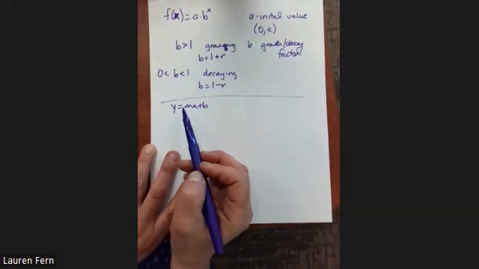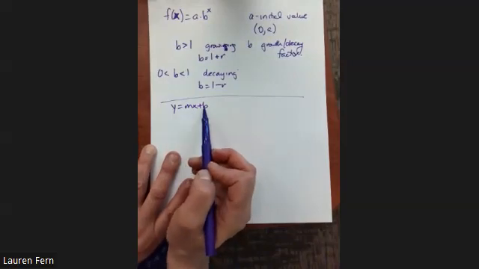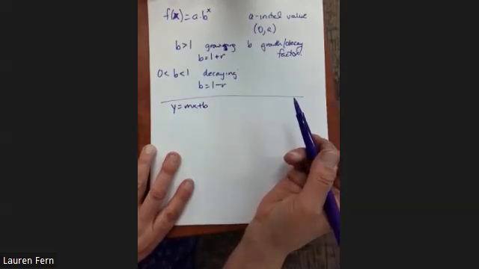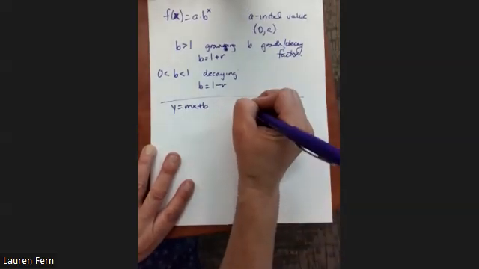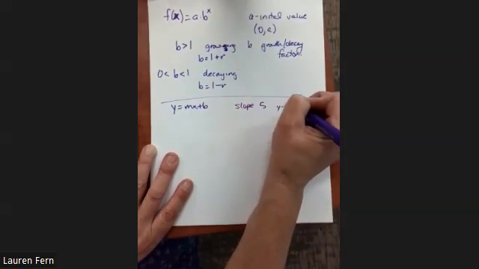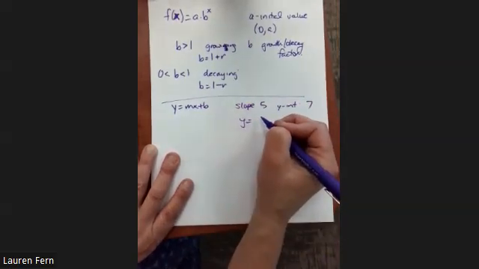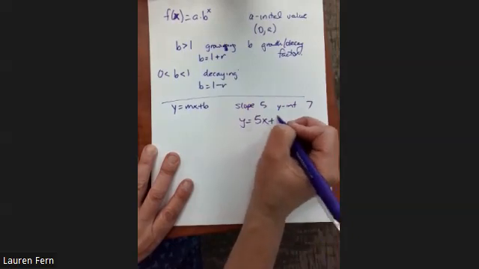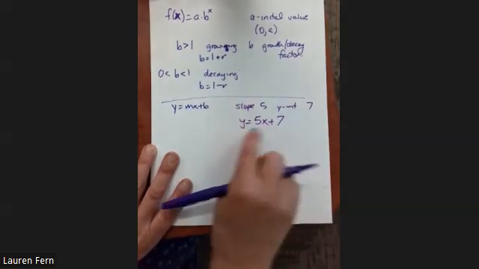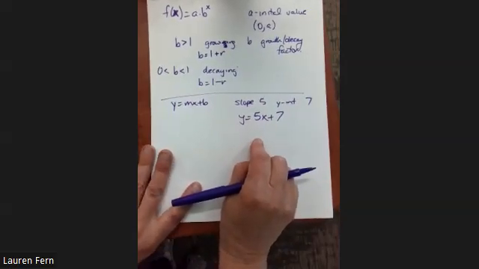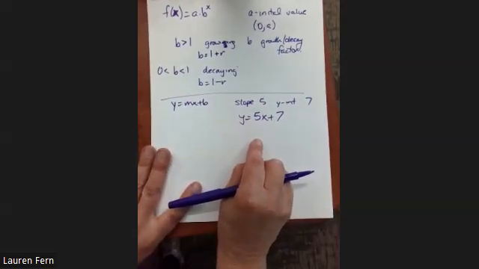If I told you what your slope and your y-intercept were, you knew the equation of the line, right? Like if I told you your slope is 5 and your y-intercept is 7, what's the equation of our line? y equals 5x plus 7. Sweet, we were given those directly, kind of like what we were given with our exponential functions on Monday.